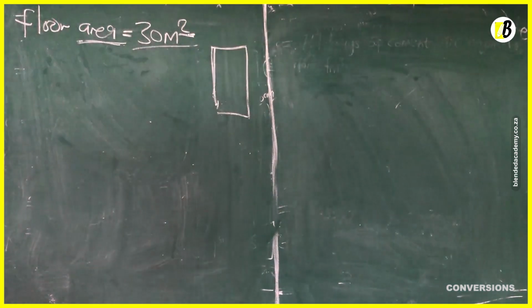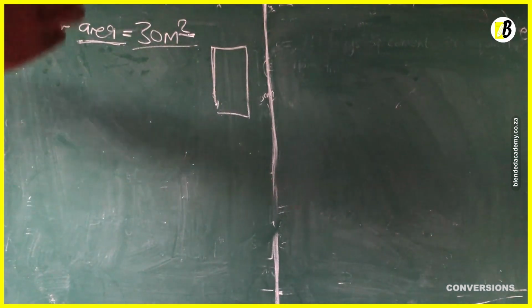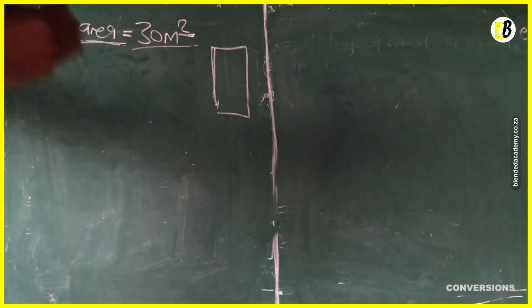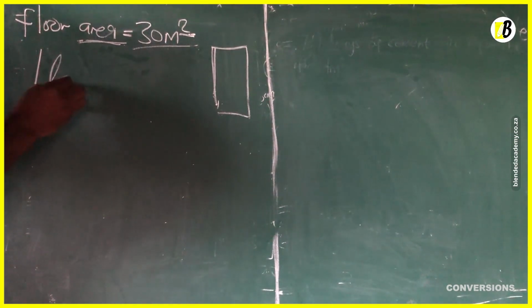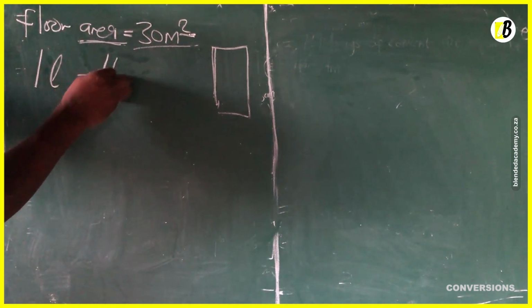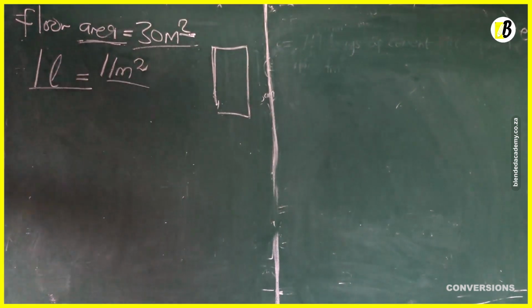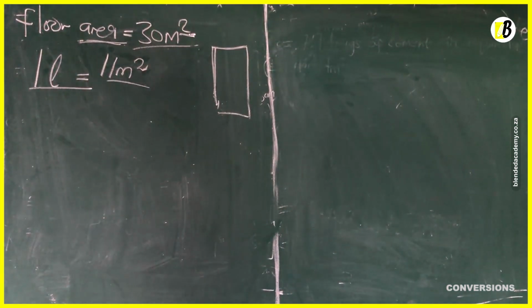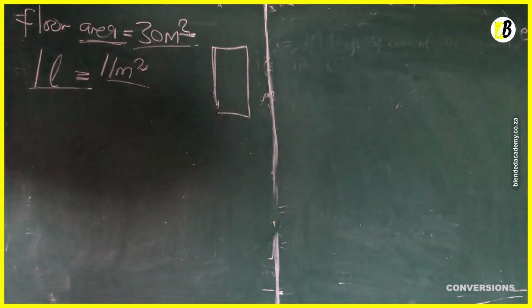Now, what they are telling us there is that the paint is given as 1 liter, which covers 11 meters squared. So basically they want to paint that area, and then you're being told that 1 liter of paint covers 11 meters squared.